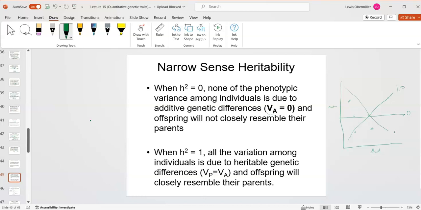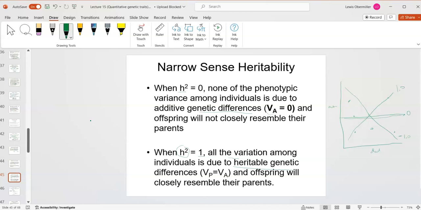And if they're inversely correlated, that would be -1. And we could have anything in between. So when narrow sense heritability is 1, all the variation is due to heritable genetic differences. If it's 0, then none of the phenotypic variance is due to genetic differences. In other words, genetics doesn't matter.